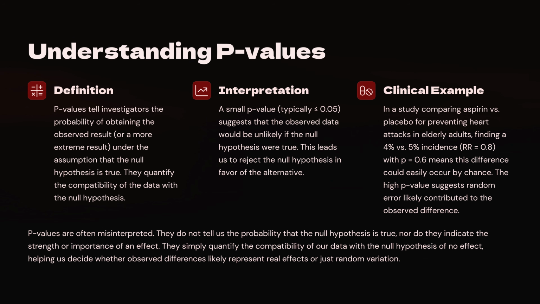P-values are often misinterpreted. They do not tell us the probability that the null hypothesis is true, nor do they indicate the strength or importance of effect. They simply quantify the compatibility of our data with the null hypothesis of no effect, helping us to decide whether observed differences likely represent real-world effects or just random variation.